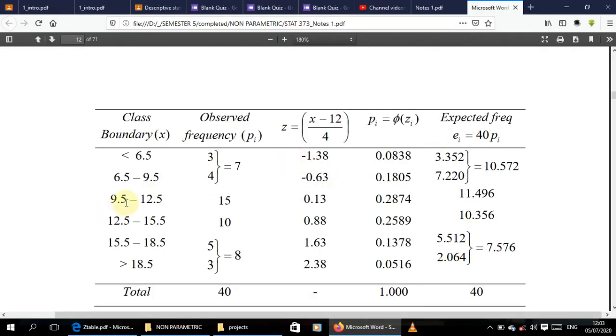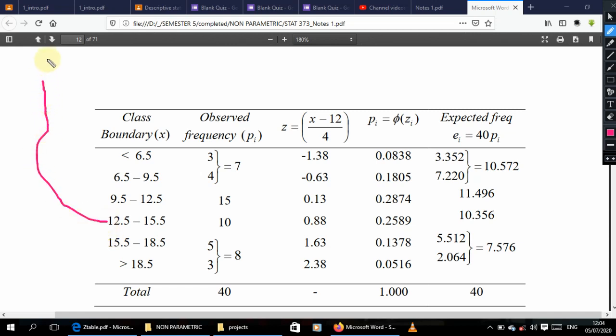So you do the same thing to this part. It's also between 12.5 and then 6.5, so you subtract. All right, so this part will be probability that x, or let's use z. Okay, z is less than, then less than what?